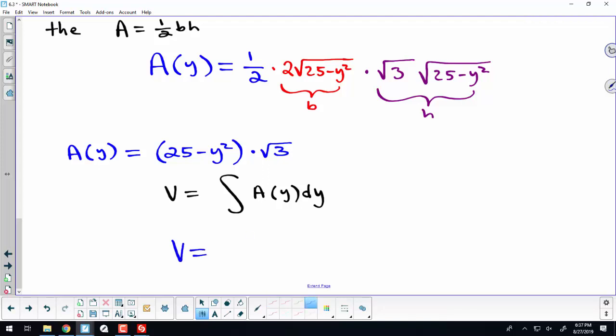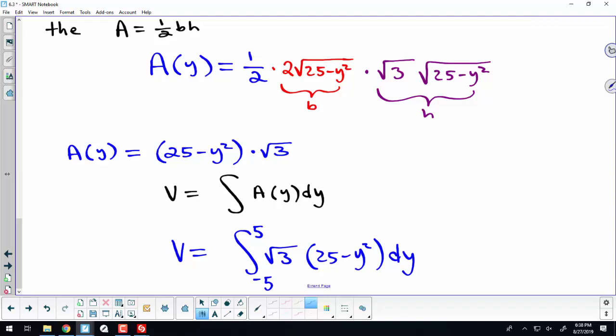So then the volume is the integral of our area function, root 3 times 25 minus y squared, dy, and y ranges from where to where? -5 to 5. And again, those bounds were based on the original shape, which was a circle radius 5. Is everybody cool with that? -5 to 5?